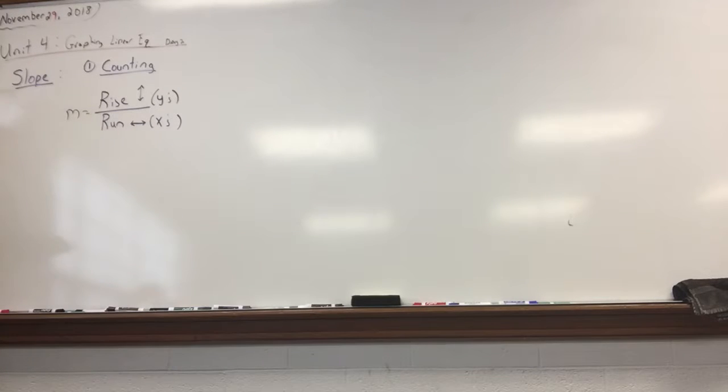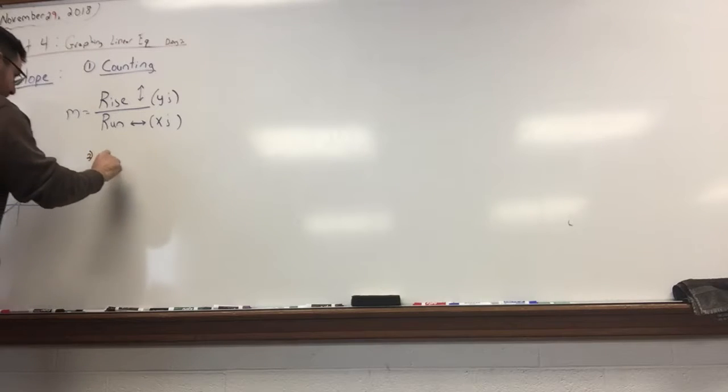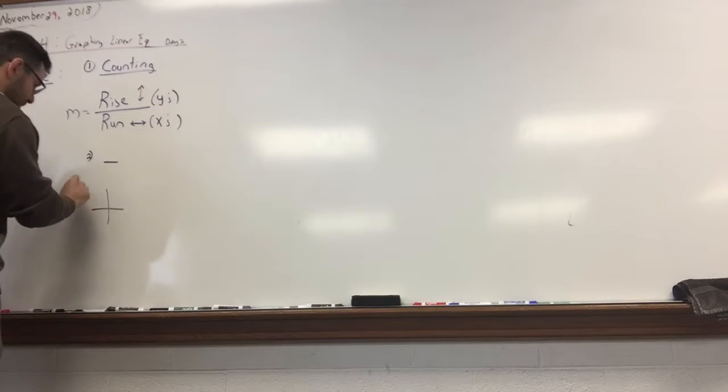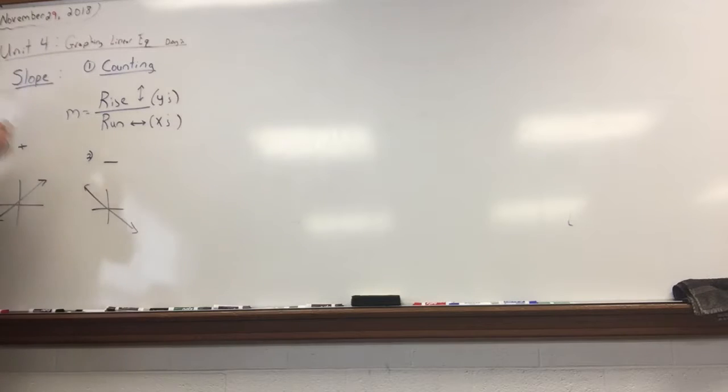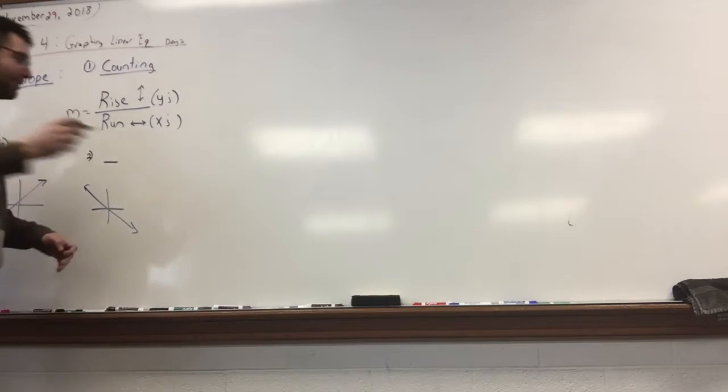And then yesterday we talked about 4 different types of slope. We said that to have a positive slope, it goes uphill from left to right. To have a negative slope, it goes downhill from left to right. And then we haven't seen these yet.